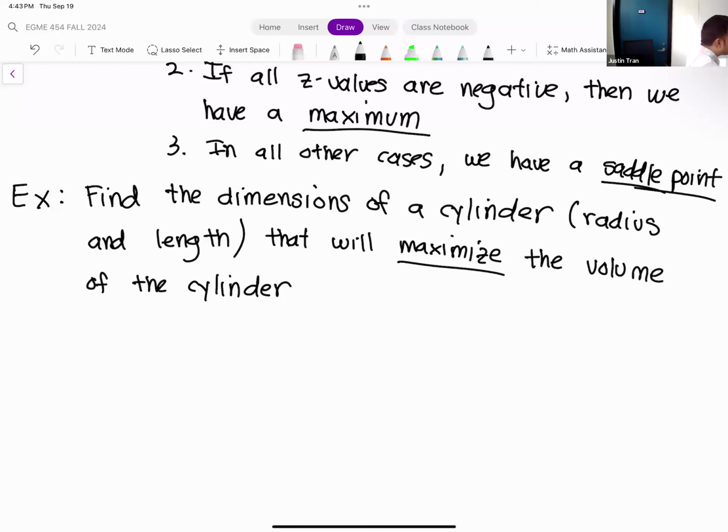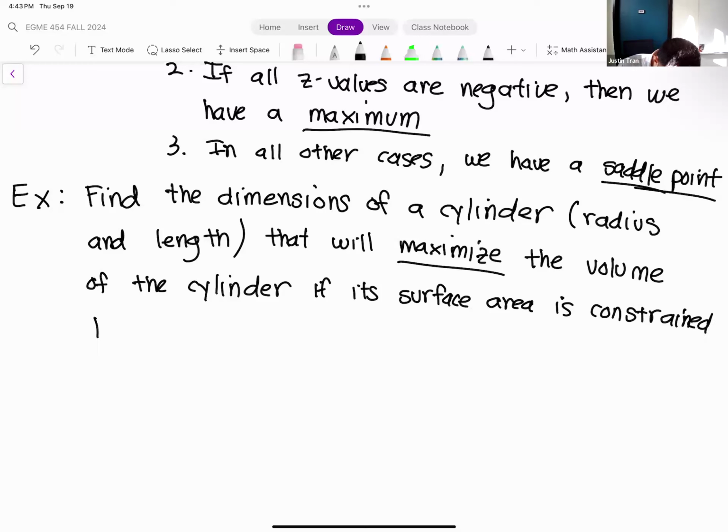If you just say give me the maximum volume cylinder, you just say a cylinder with infinite radius and infinite length, right? So we need to constrain this in some way. Our constraint is going to be on the surface area of the cylinder itself. And so we want to find the maximum volume of a cylinder if the surface area is constrained to have a value of 24 pi.